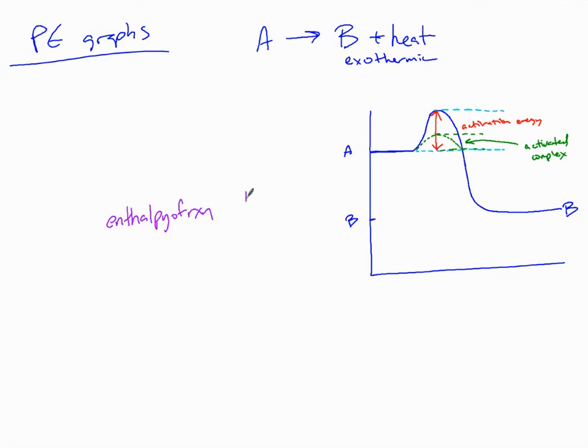Enthalpy of reaction is H, or maybe you saw it as delta H. This is basically, did we release energy or did we absorb it? So we already said that we released energy, right? So we released energy. It was exothermic.